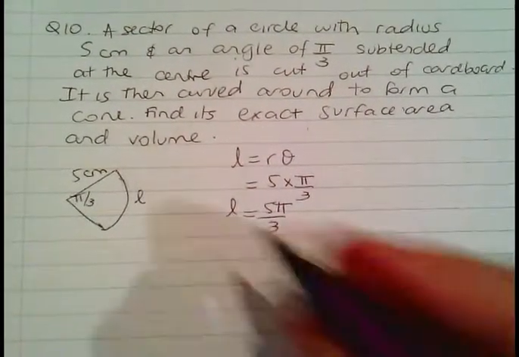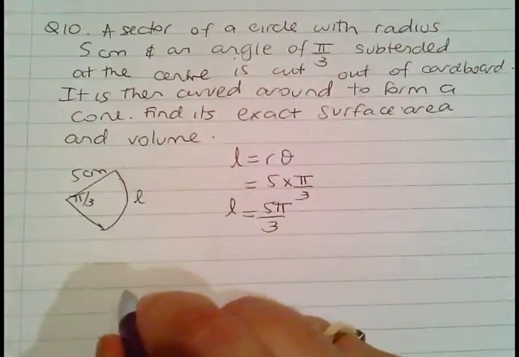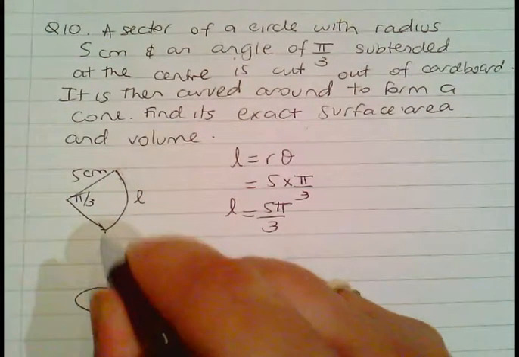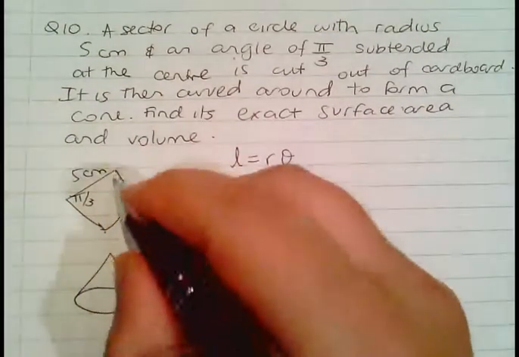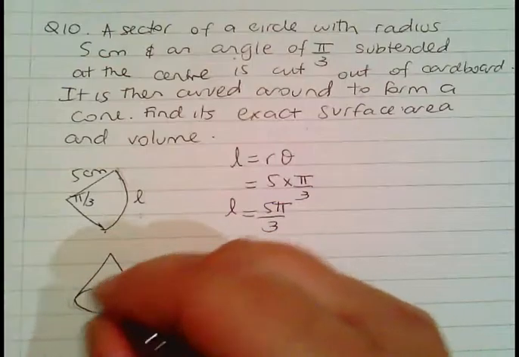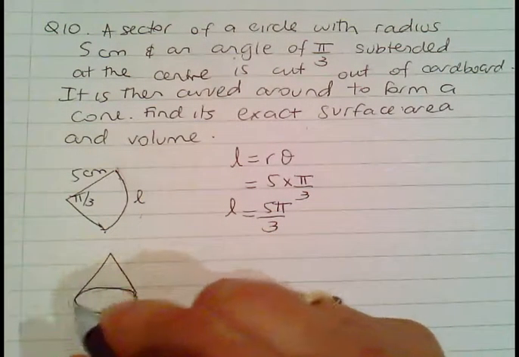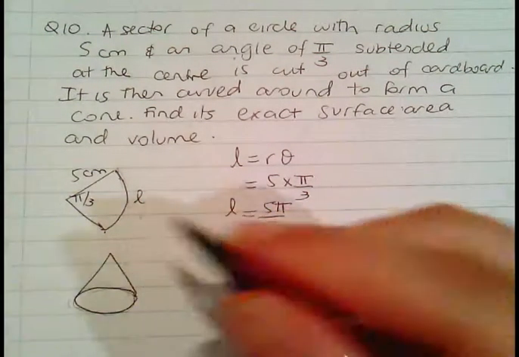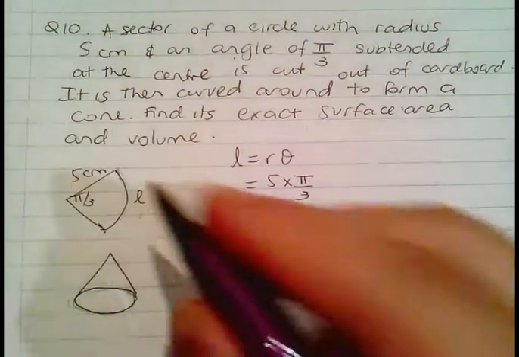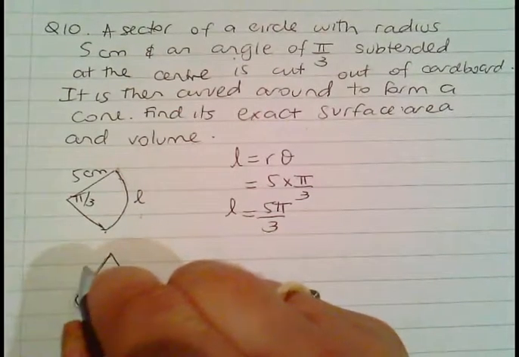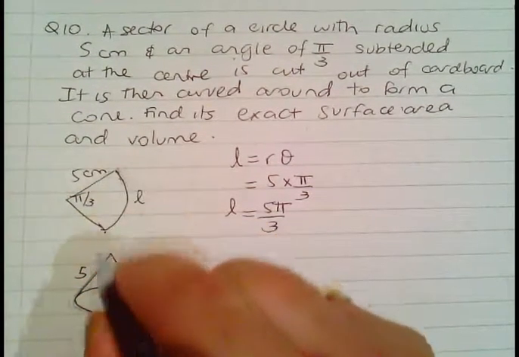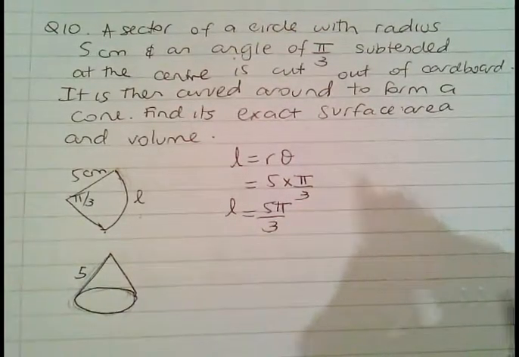But when I form a cone out of this, this whole distance here is now L. L will now be the circumference of the base of this cone, and this length here, the radius of the original sector, is now the slant height of the cone.